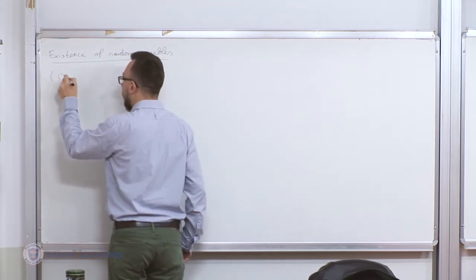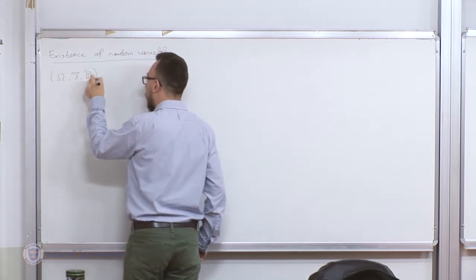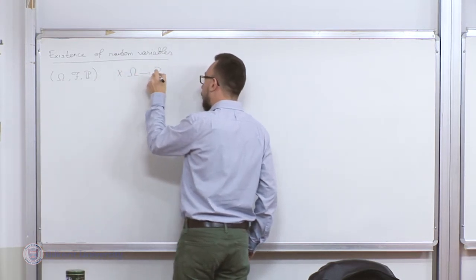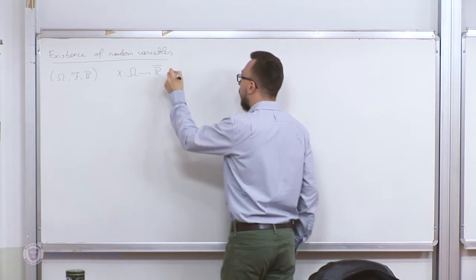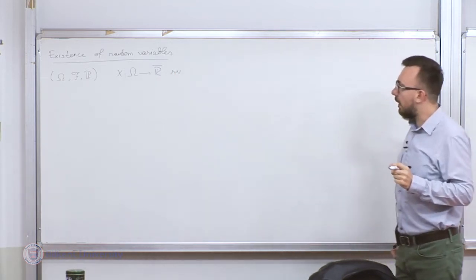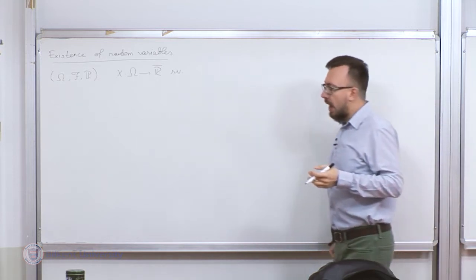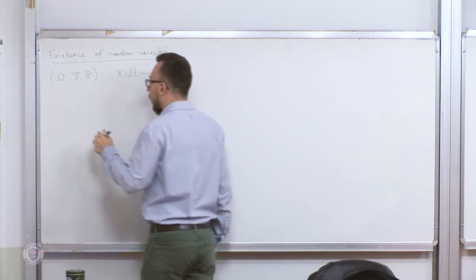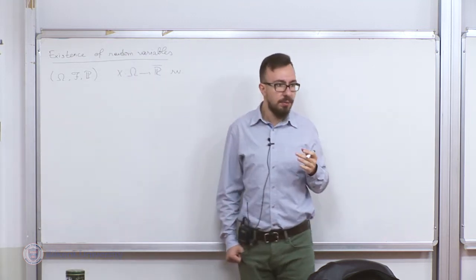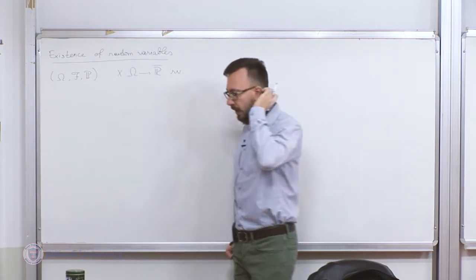Let's say we have some random variable X from omega to R bar. Remember we talked about the distribution of X, and one function that is attached to the distribution of a random variable was the cumulative distribution function.